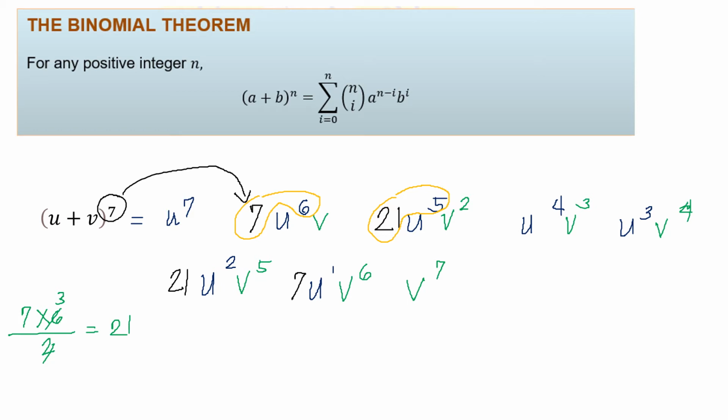So that will give us 21 times 5 divided by 3. 3 and 21 are divisible by 3, so this is 7. 7 times 5 is 35. It means the numerical coefficient of the fourth and the fifth term is 35. So this is 35, and then the fifth term is also 35 because they are symmetric. And the operation is addition.